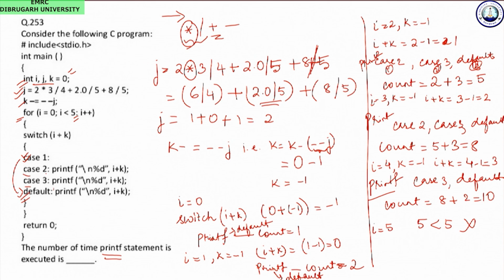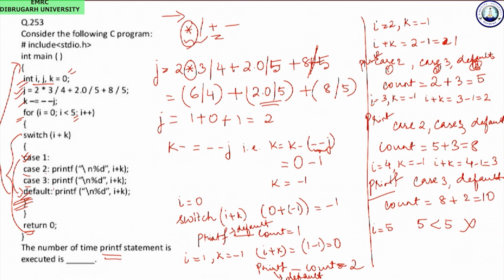Then i is equal to 5, but 5 less than 5, this condition is not fulfilled, and your loop will exit here. After it returns from this switch statement, the control will go back to the main function.